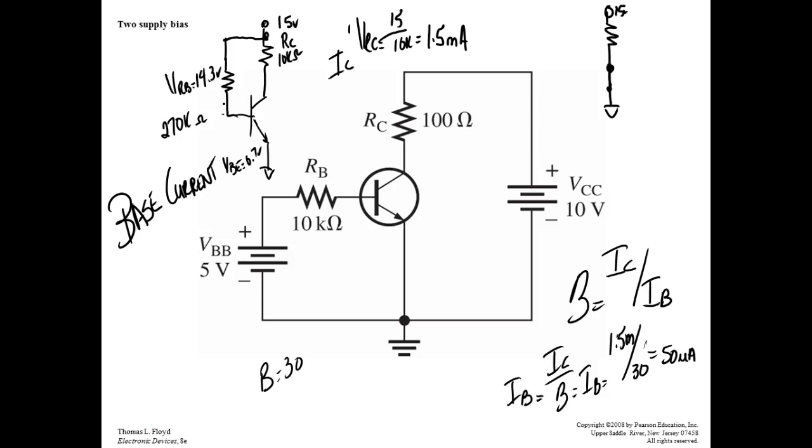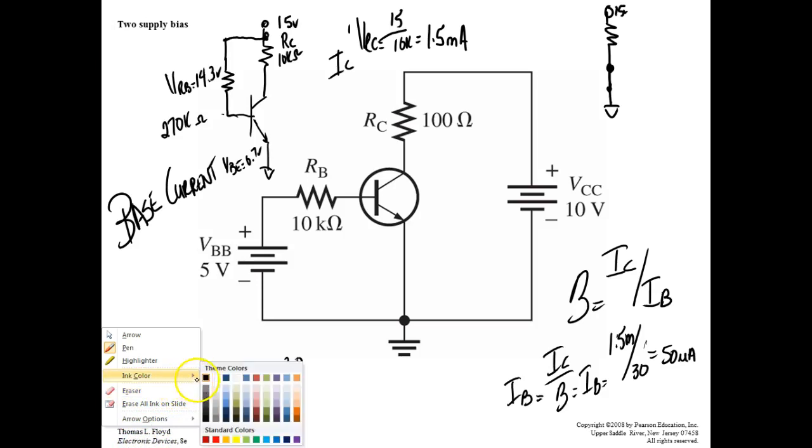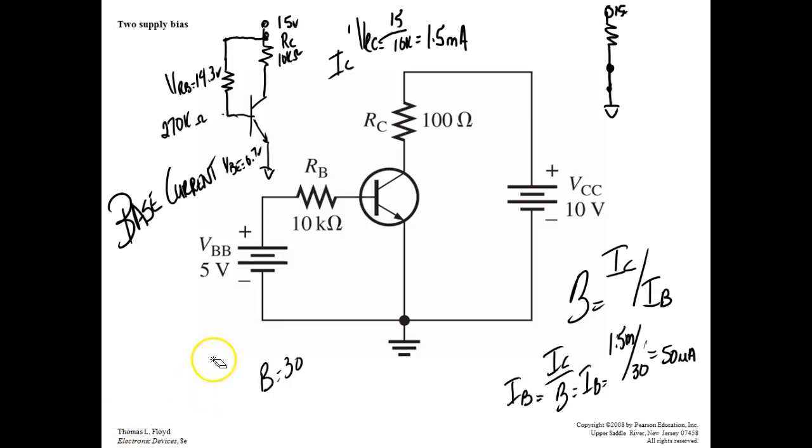So y'all calculated the base resistor. Now, how would we control this? I could come over here and take a little old tiny push button, because this only has to conduct 50 microamps.